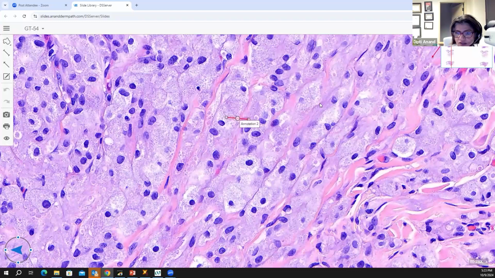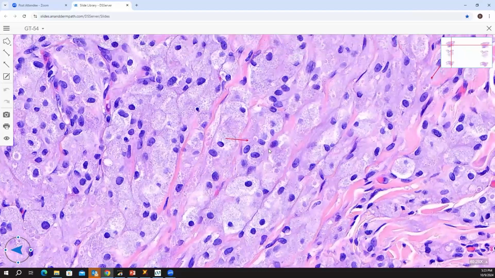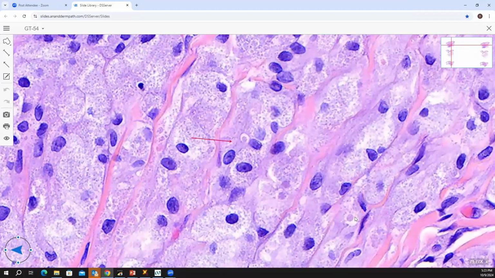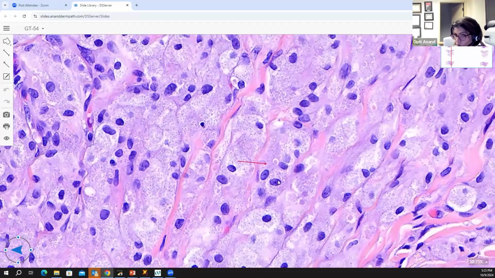You see the granules? Yes, got it. And then next to the nucleus, there is this big pink inclusion, which has a halo around it. There's another one right here. See that? Great. Thank you. That's your pustulo-ovoid body of Milian.